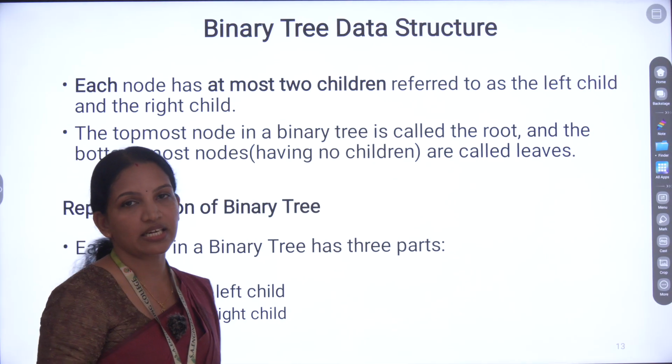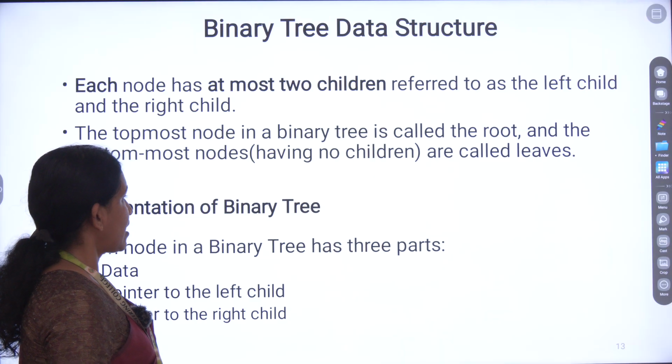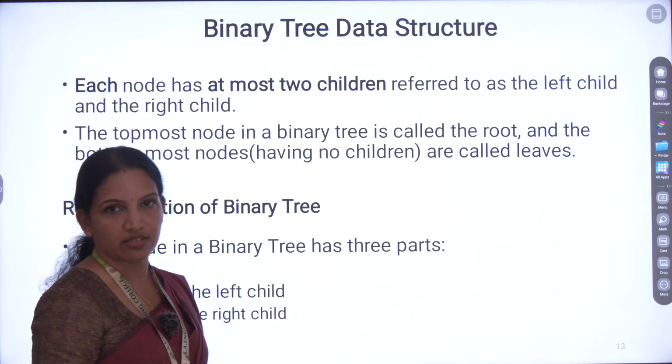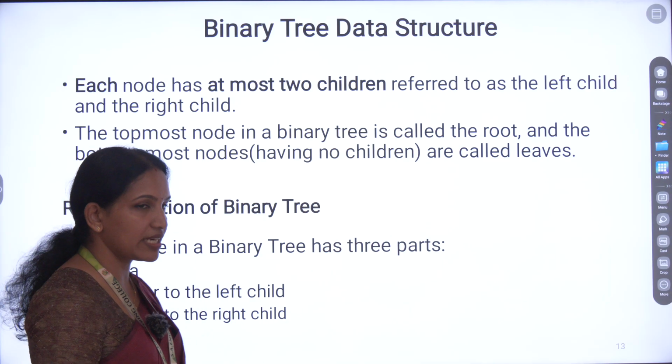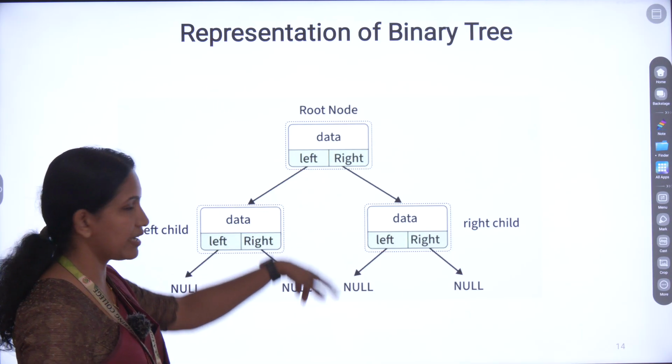Now we'll see the binary tree data structure in detail. A binary tree can be represented using an array or a linked list. A particular node will have 3 parts: the data, the left pointer and the right pointer. It can be represented like this.